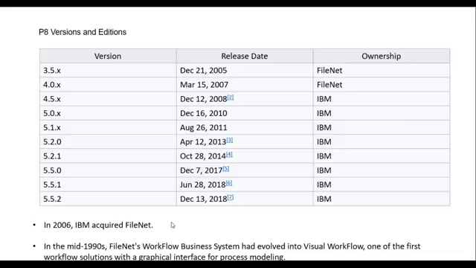IBM tried a few products, they were not able to measure up. So in 2006 they acquired FileNet. The last version released by the FileNet team itself was 4.0. I started working on this 4.0. Till that time the name of the product was FileNet P8.